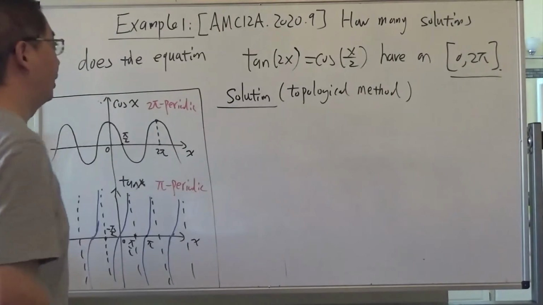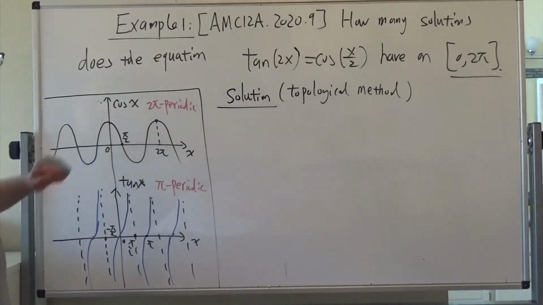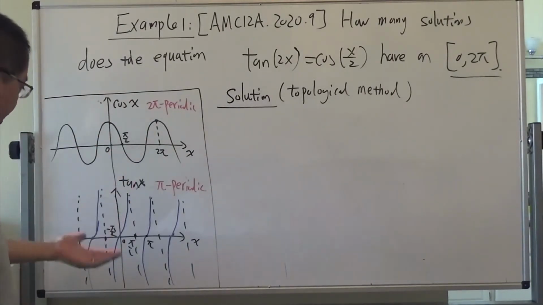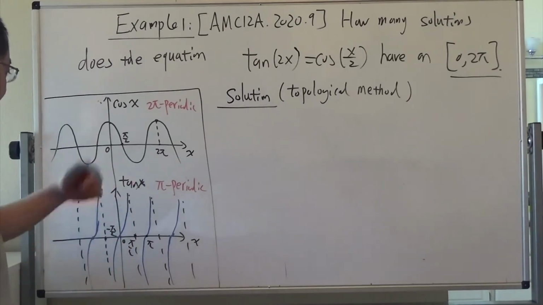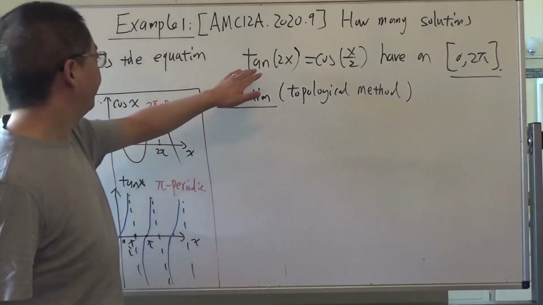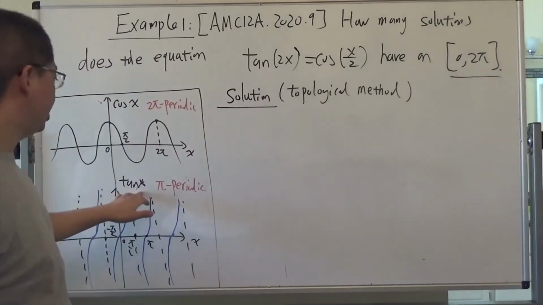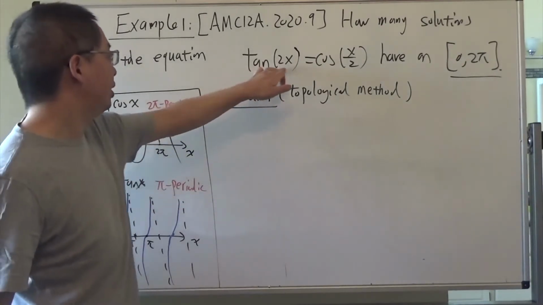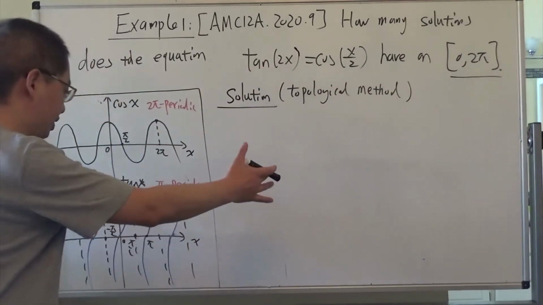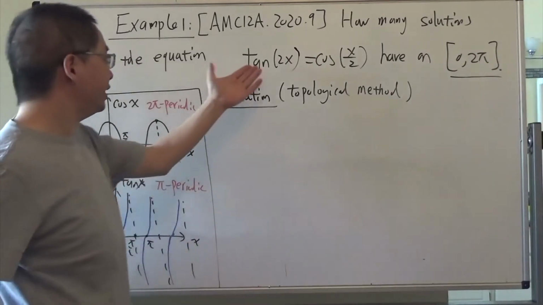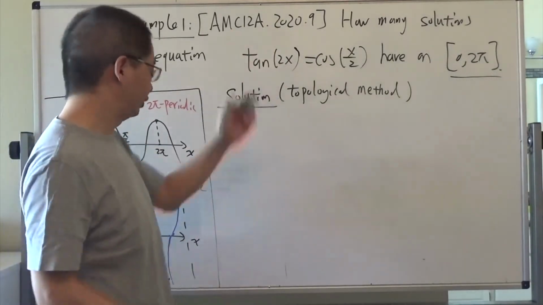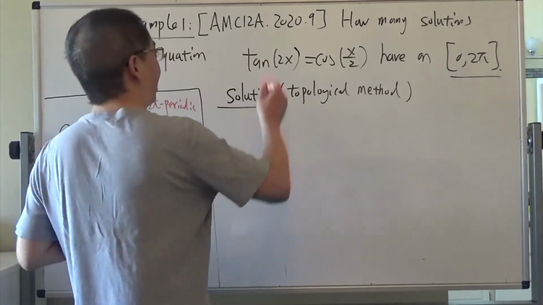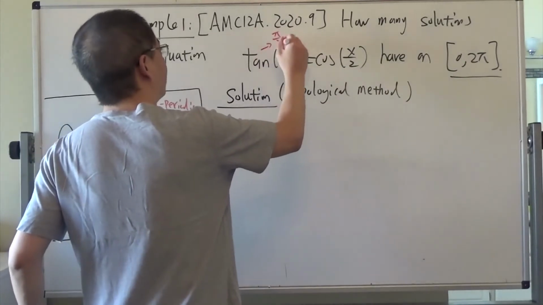All right. Let's recall, this is the graph for cosine x, which is 2 pi periodic, and this is the graph for tangent x, that is pi periodic. Then, if you go from tangent x to tangent 2x, what you do is you compress the graph. In particular, the period of tangent 2x becomes pi over 2.